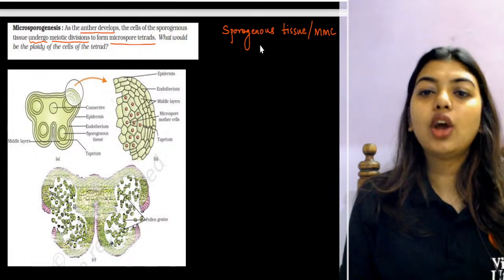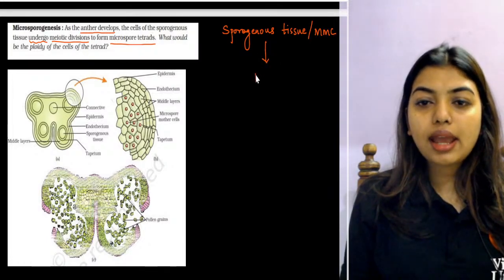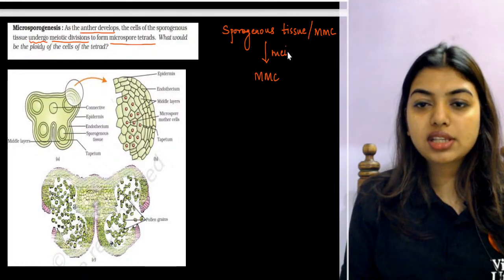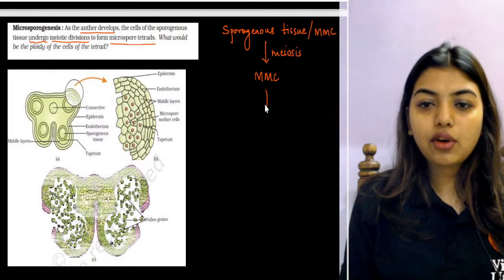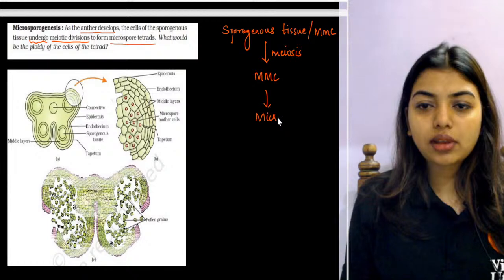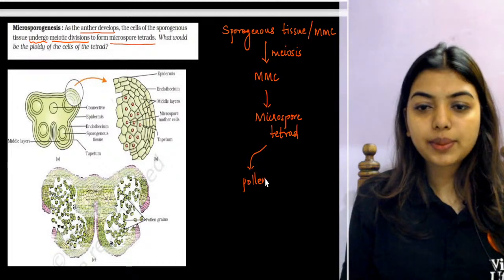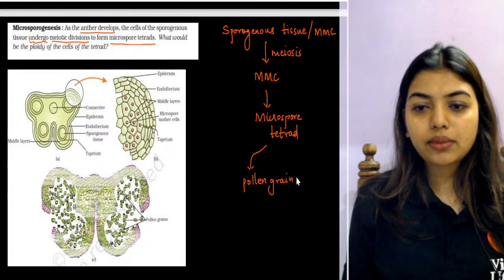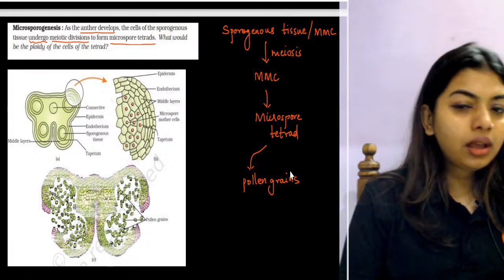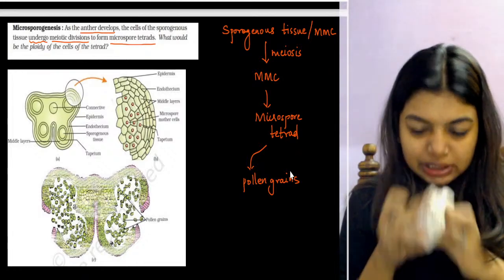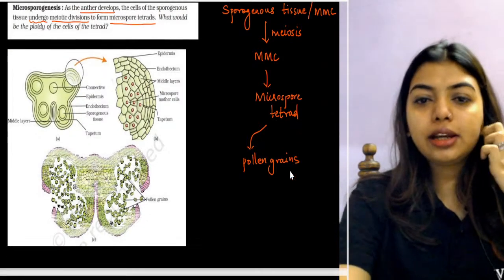Okay, sporogenous tissue matures to form MMC, and with the help of meiosis it then forms a microspore tetrad. Got it? And then these microspore tetrads will form pollen grains. Okay, clear?